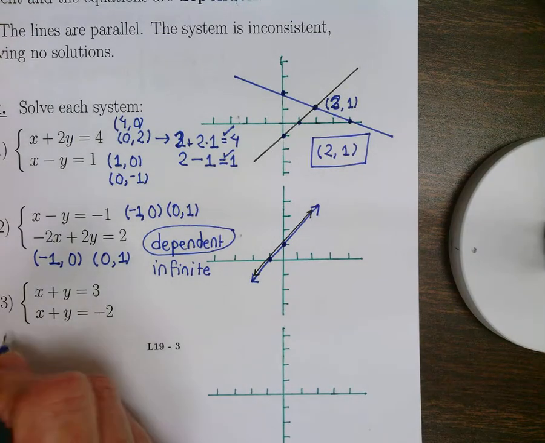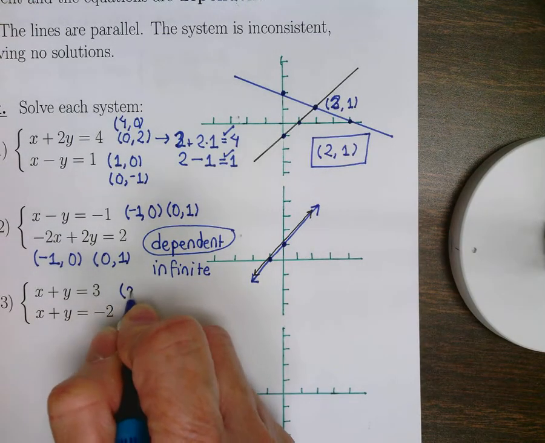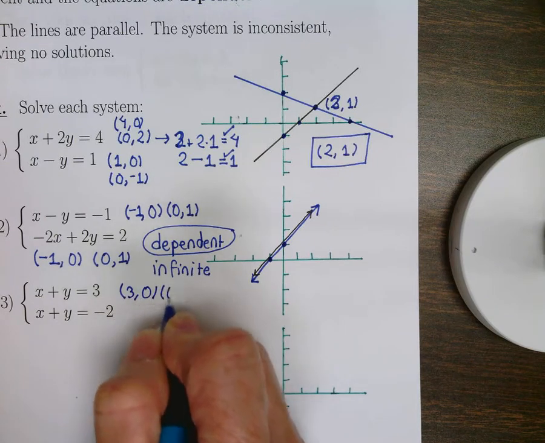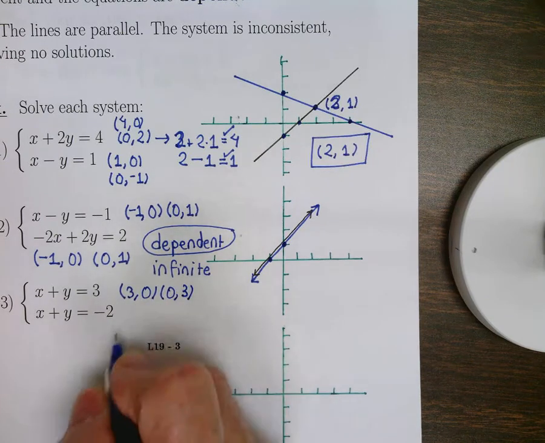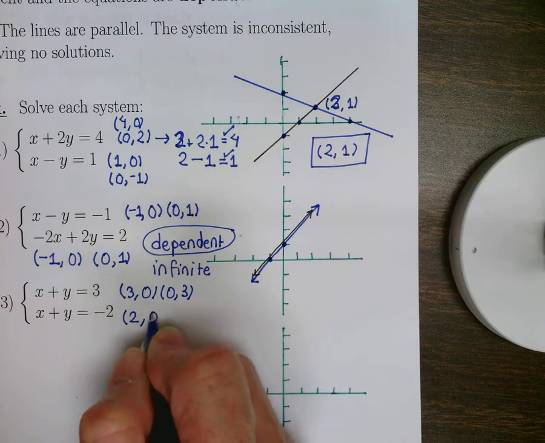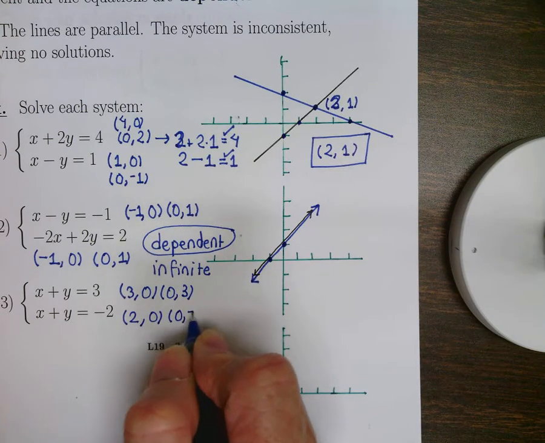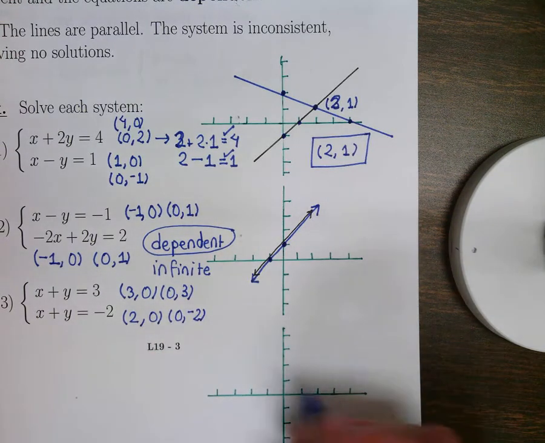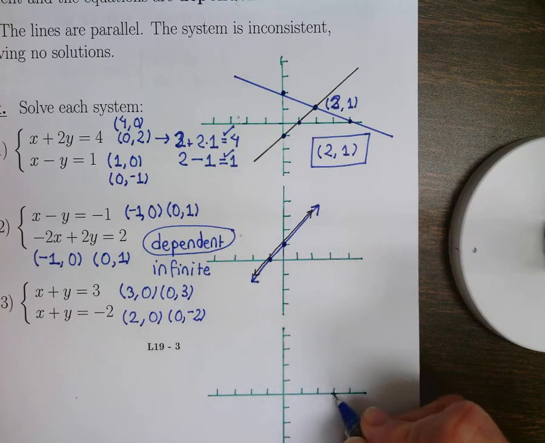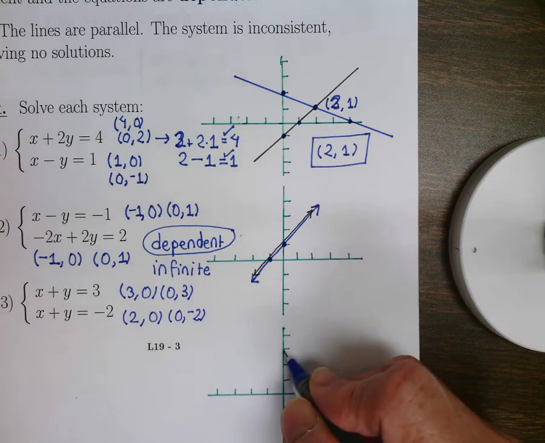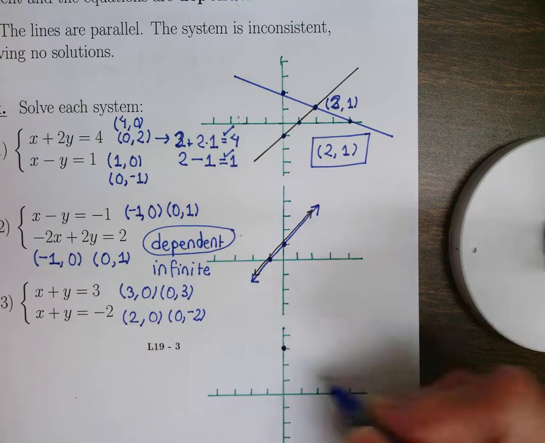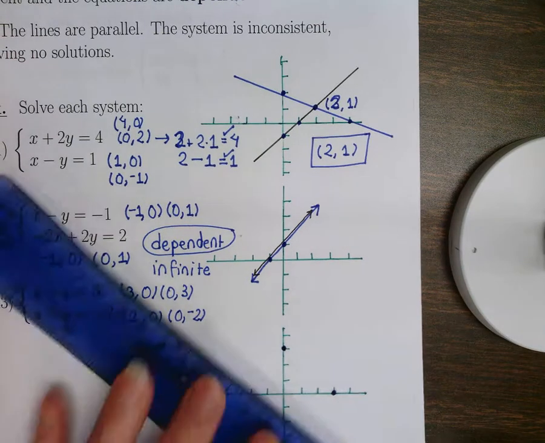Let's look at our intercepts here. (3, 0) and (0, 3) for the first. (2, 0) and (0, -2). Okay, so (3, 0) and (0, 3) looks like this.